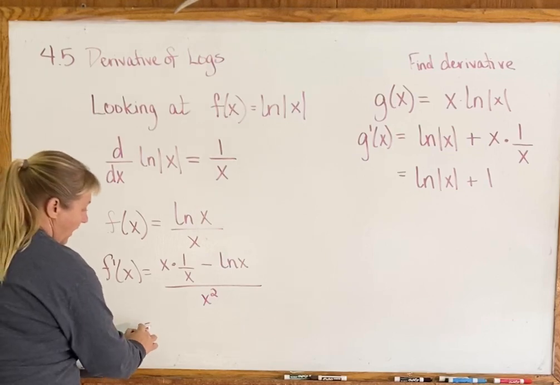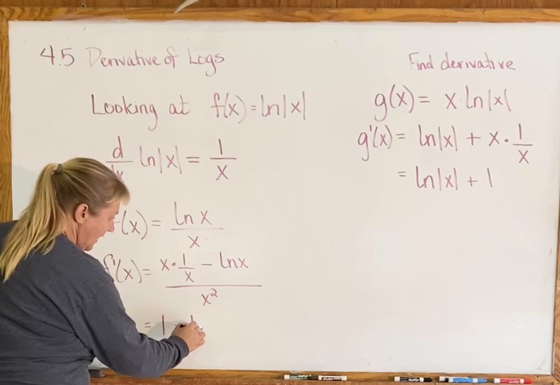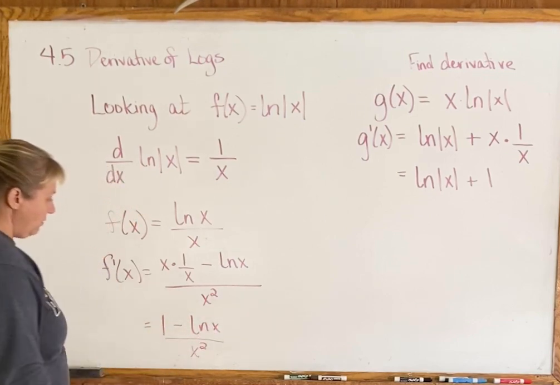Again, nice things happen there. So we're left with 1 minus the ln of x all over x squared.